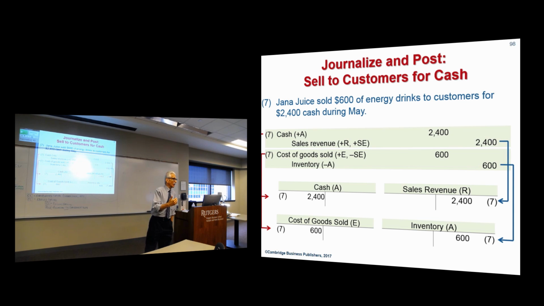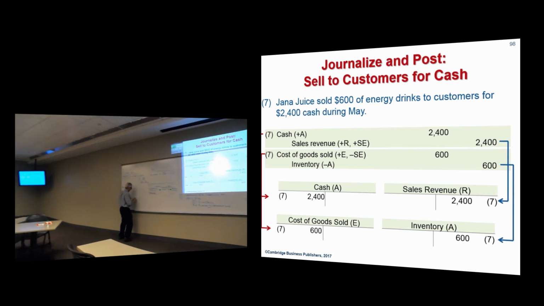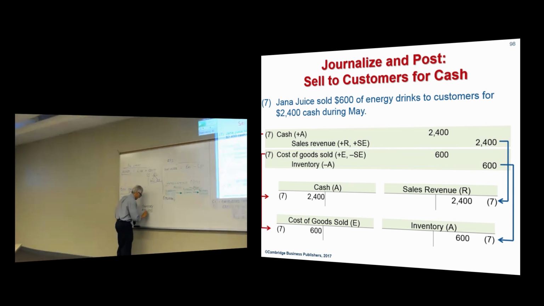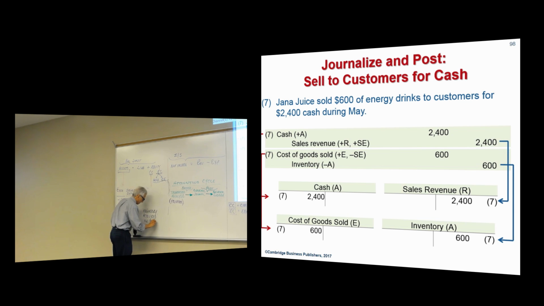So, and this is an important point, inventory, payables and cost of goods sold kind of go together. So anytime you buy inventory, you can think of an accounts payable coming. So the way I think you should look at it is on an inventory purchase, inventory acquired on account, accounts payable.